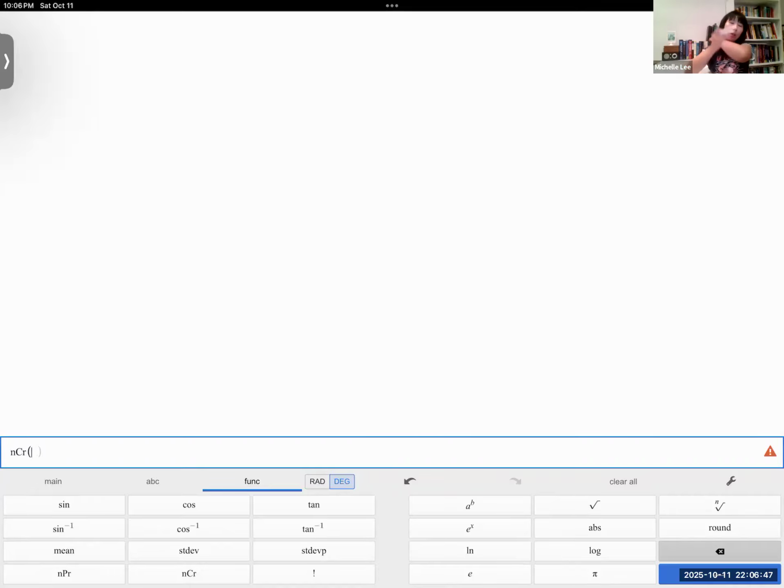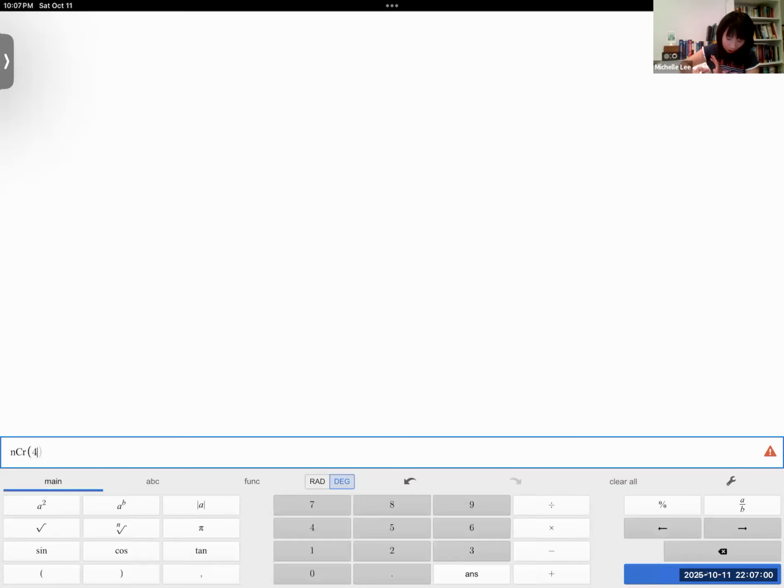So r is the same as x, right? Okay, n in the case of 4, go to main again, 4. Now we do comma, and then r in the case x, number of successes, which is 2, parentheses. It's a 6. We get the same 6, right? Same answer. Make sense? Very good.